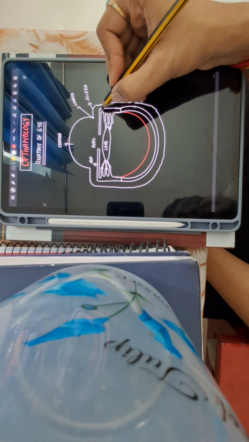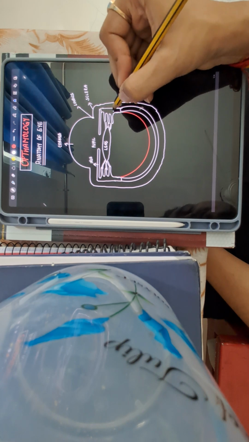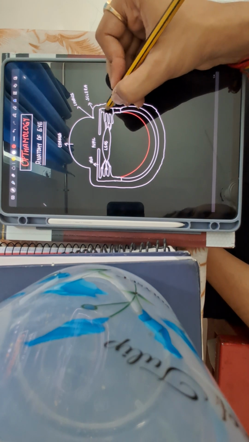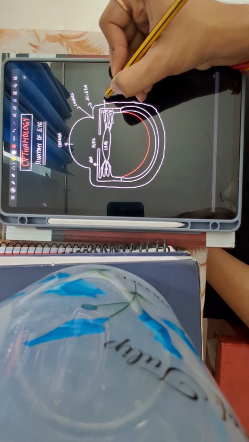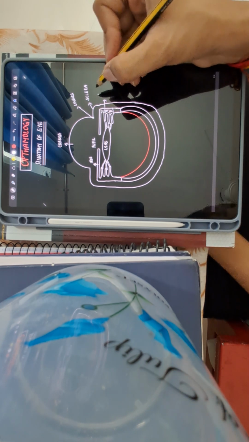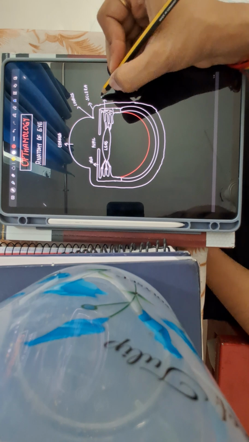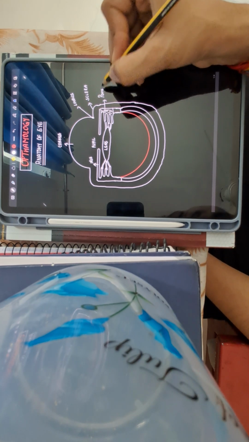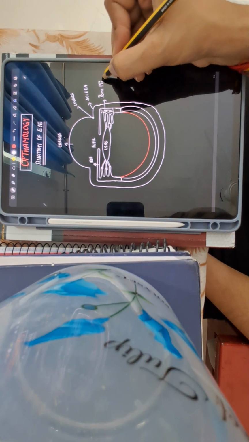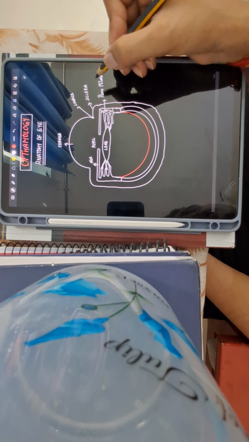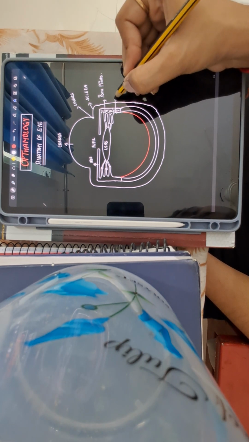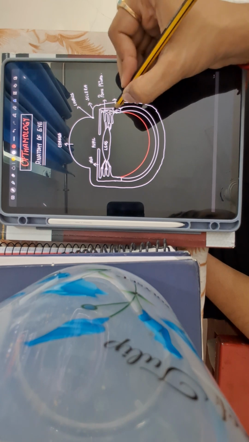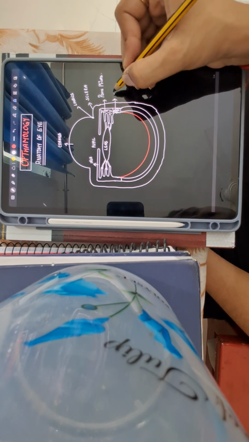But the structure that is present right here till this, that I'm shading right now, is considered to be the pars plicata. And then the remaining structure, which I'm shading like that, is considered to be the pars plana.